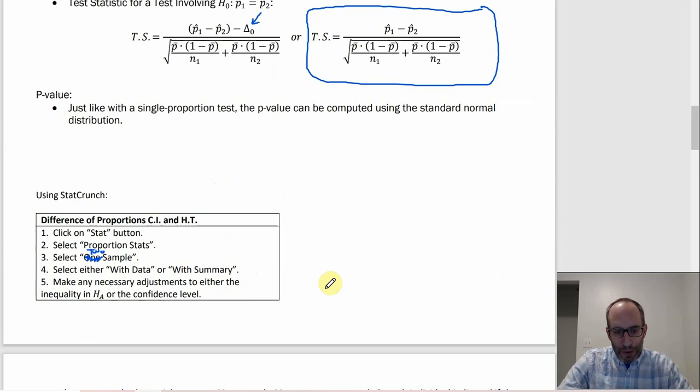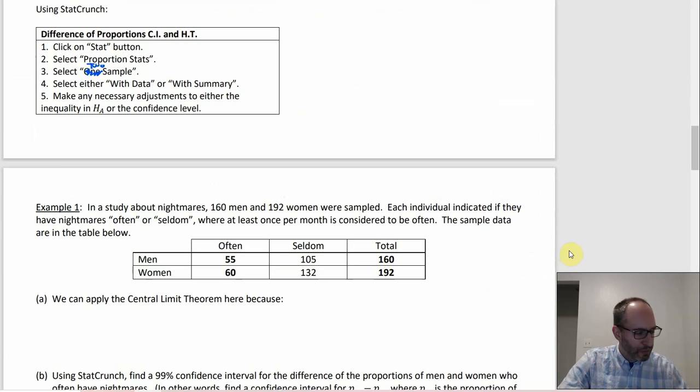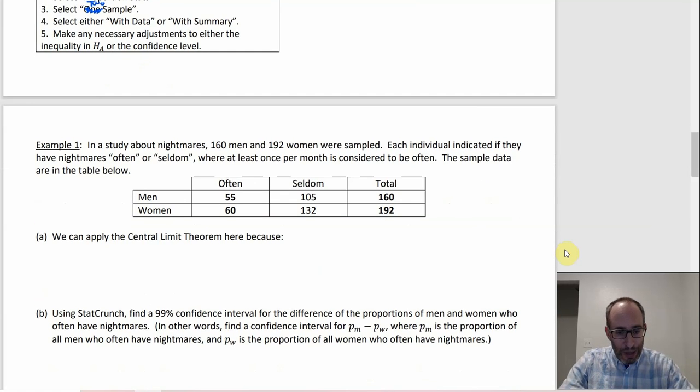All right, so let's see. This first example, we've got that in a study about nightmares, 160 men, 192 women were sampled, and each individual indicated if they have nightmares often or seldom. And then, I guess, first things first, why can we apply the central limit theorem?